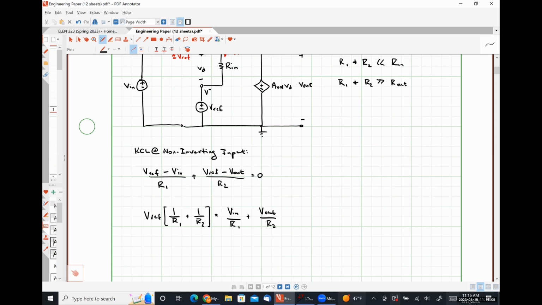What's this thing right here? The reciprocal of parallel resistances, right? Because if it were 1 over R1 plus 1 over R2, it would be parallel resistances. So effectively, this is the same as R1 plus R2 divided by R1 times R2. Okay.